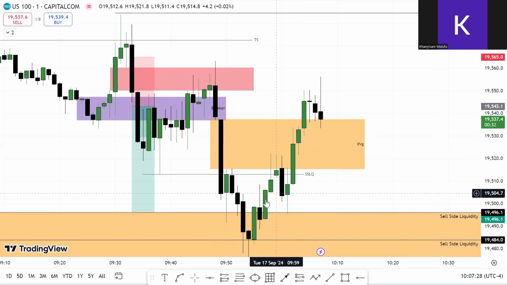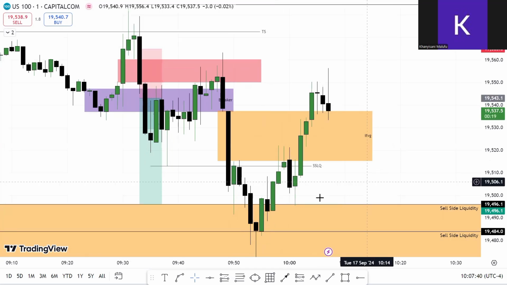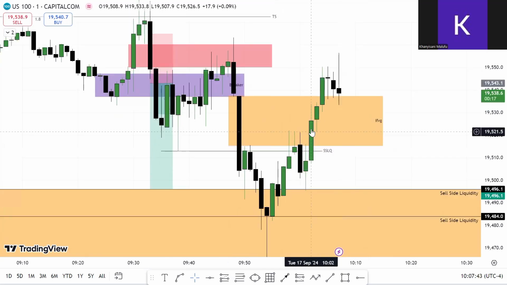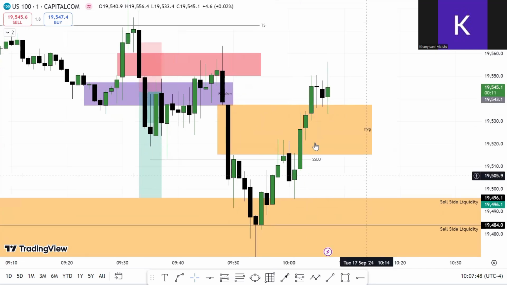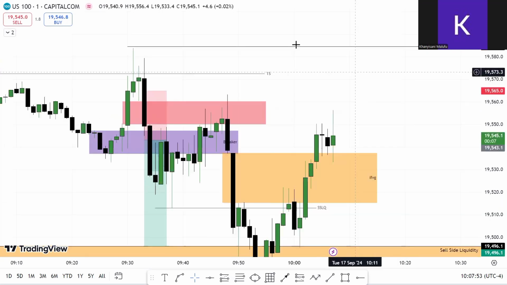This fair value gap, this one here, just at the lower end of the inversion fair value gap there. Okay, this particular one. You know why this is an inversion, right? You see how it has disrespected it. So we can aim for this buy side now.